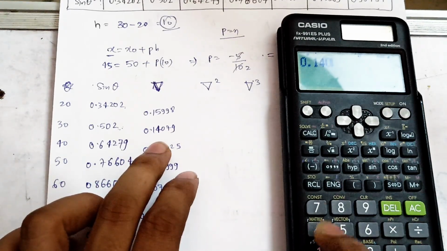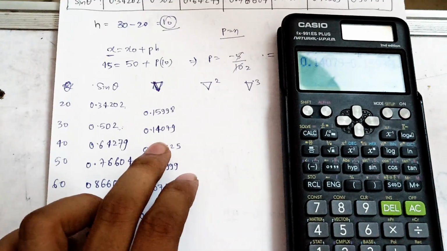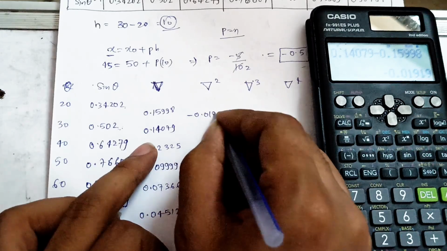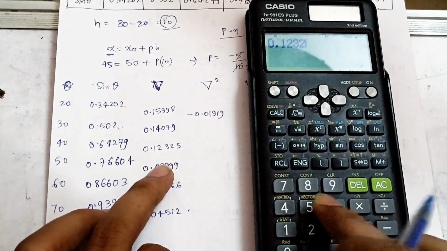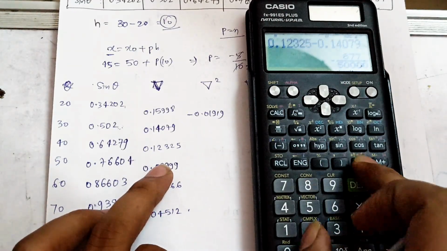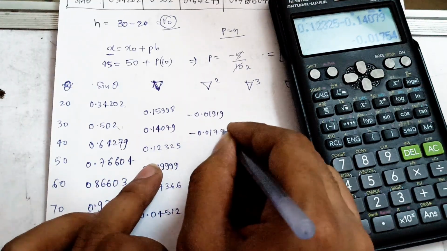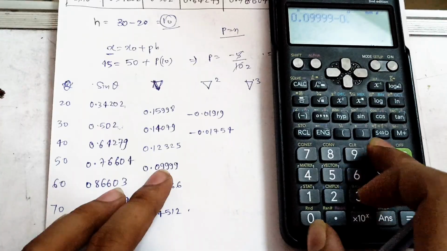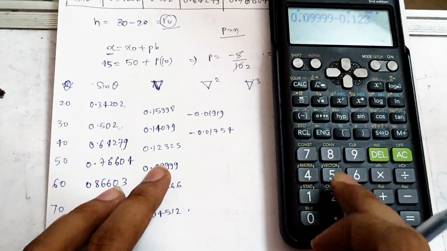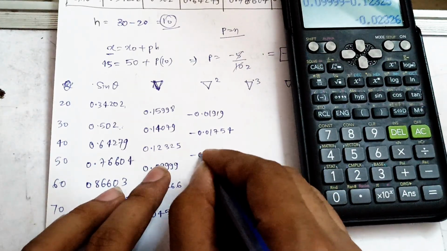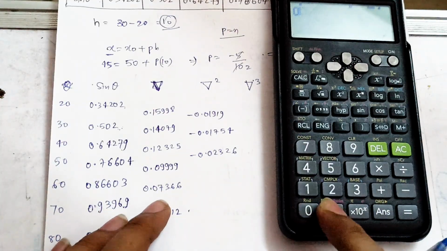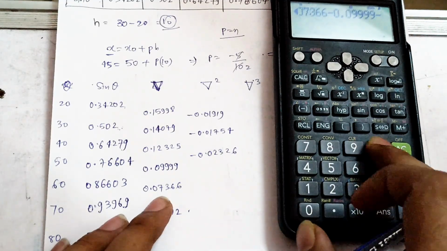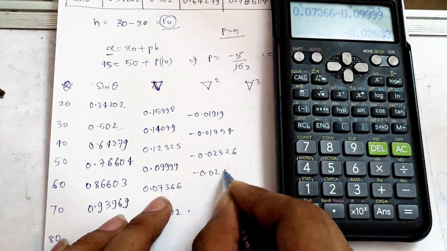And the same for del square, we will find the bottom value minus the top value. That will be 0.14079 minus 0.15998, that is equal to minus 0.01919. Then 0.12325 minus 0.14079 is equal to minus 0.01754. Next, 0.09994 minus 0.12325 is equal to minus 0.02331. Next, 0.07366 minus 0.09994 will be equal to minus 0.02633.